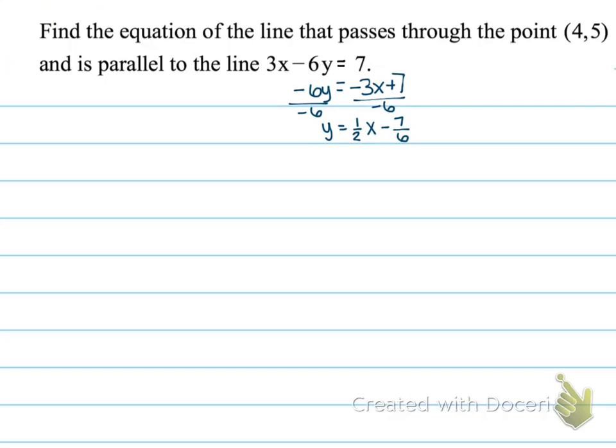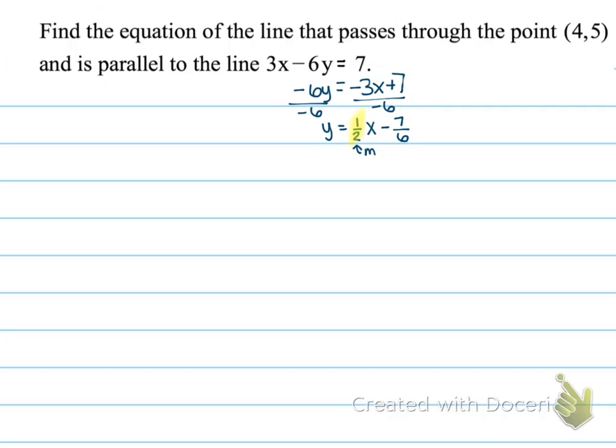So by putting this into slope-intercept form, I can now see I've got my slope. Right there, there's our slope. Since I'm doing parallel lines, I'll be using the same slope. I do not need to change it.